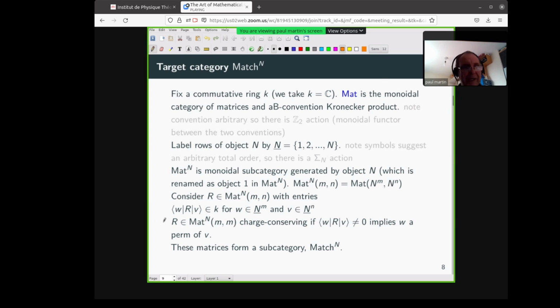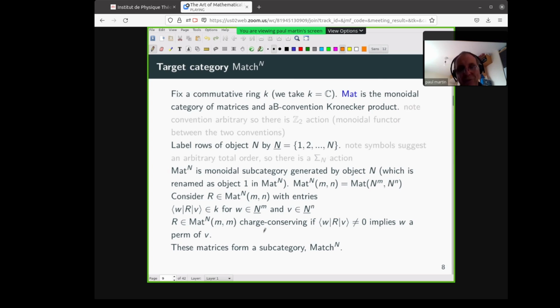So with that kind of minor bracket notation, then I can give this notion of charge conserving. So a matrix in mat n mm is charge conserving if the WV matrix entry non-zero implies that W is a permutation of V. So that's the word W is a permutation of V. So everybody here, so we already this morning we have many matrices of this form.